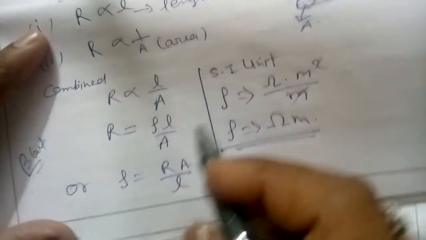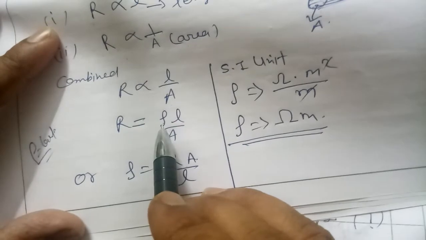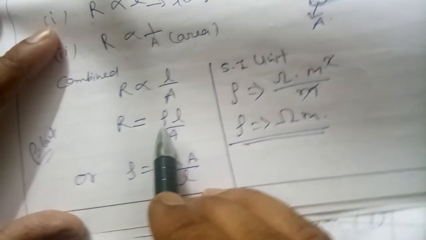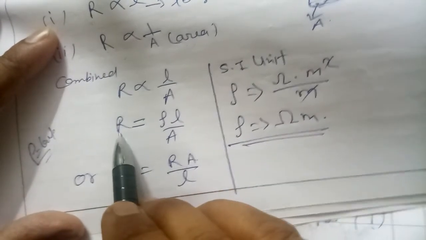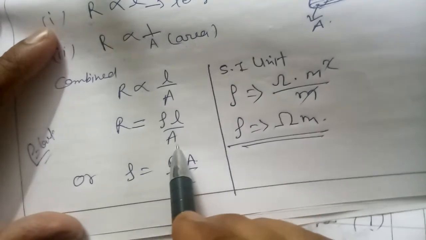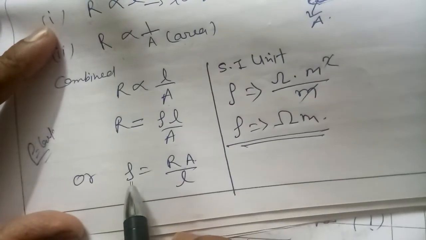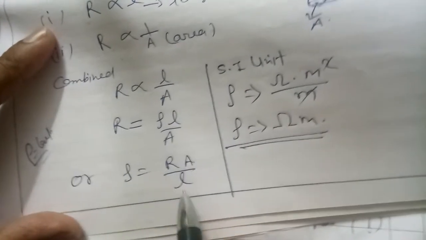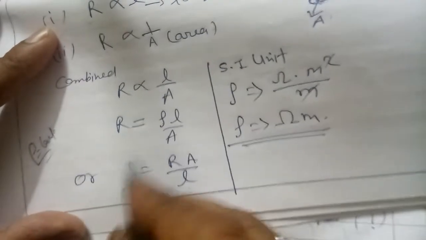That constant is rho, which is called resistivity. So capital R is equal to rho L upon A. So the formula of resistivity is rho is equal to R A upon L.